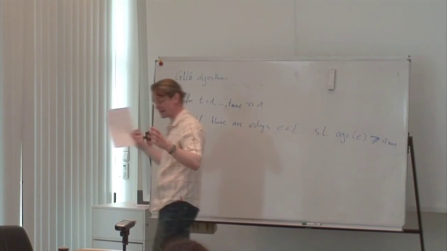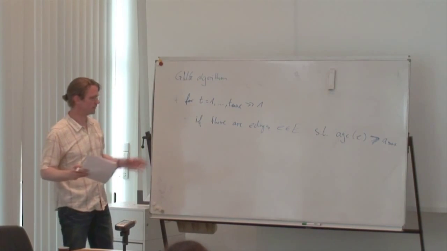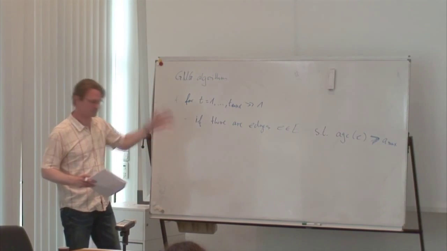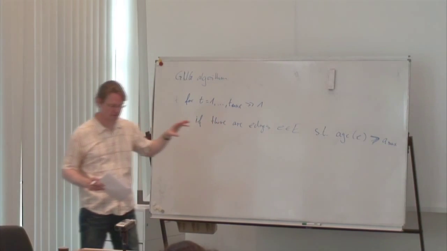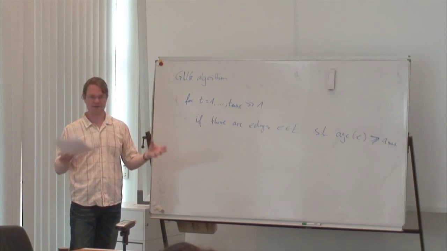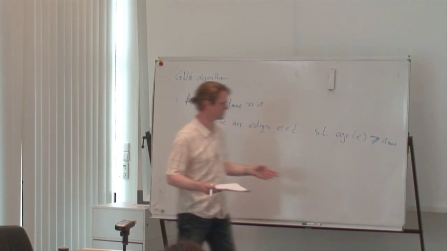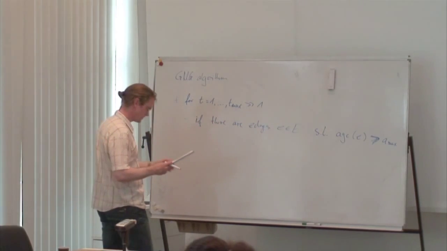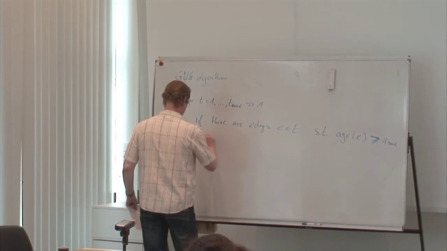So we have a maximum age. If one of the edges in the graph, through all these iterations, has achieved an age that is now larger than a preset maximum, we remove this edge. Right? Remove them.